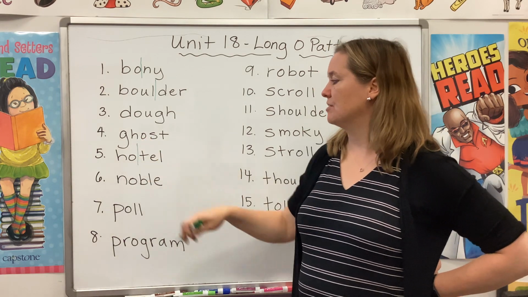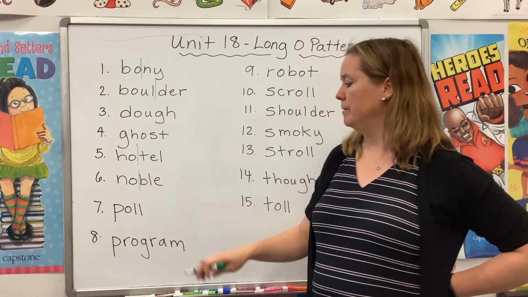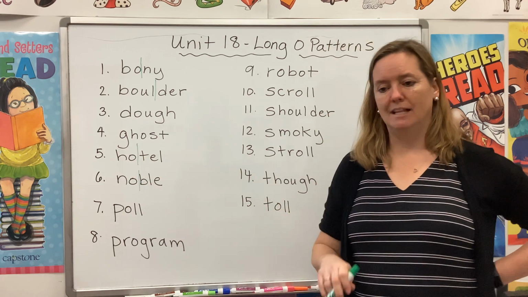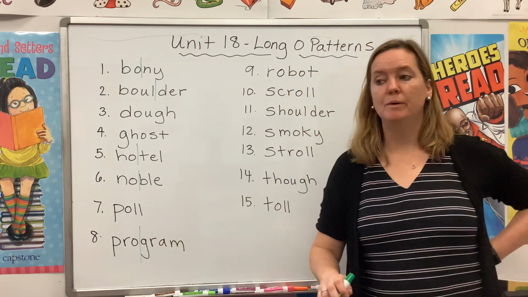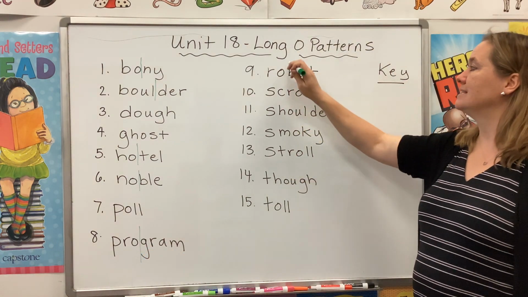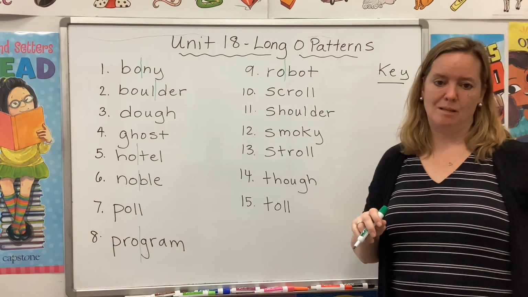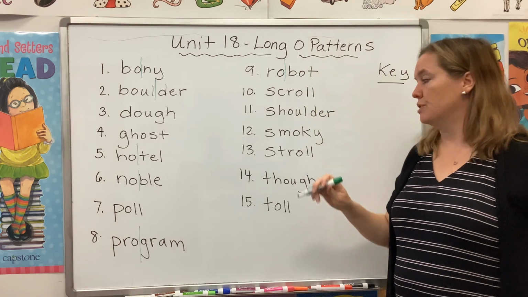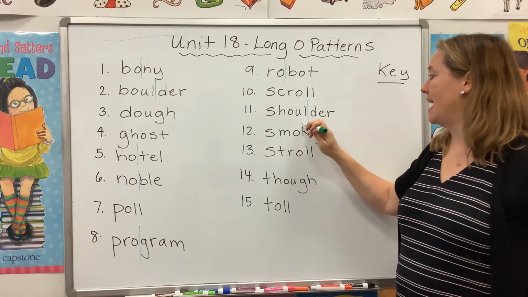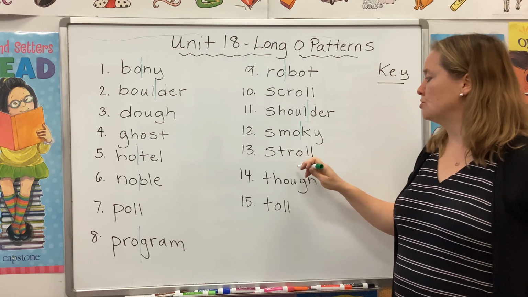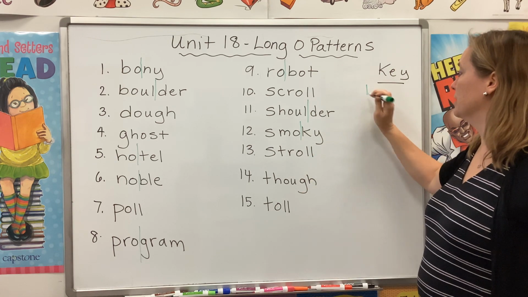Hotel after the O. Noble after the O. Pole, one syllable. Program after the O. Robot after the O. Scroll is one syllable. Shoulder after the L. Smoky after the O. Stroll, though, and toll are all one-syllable words.